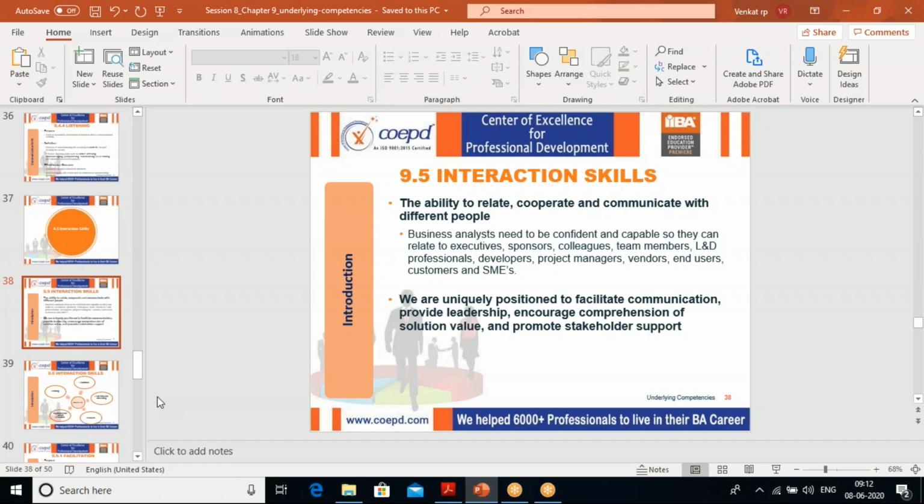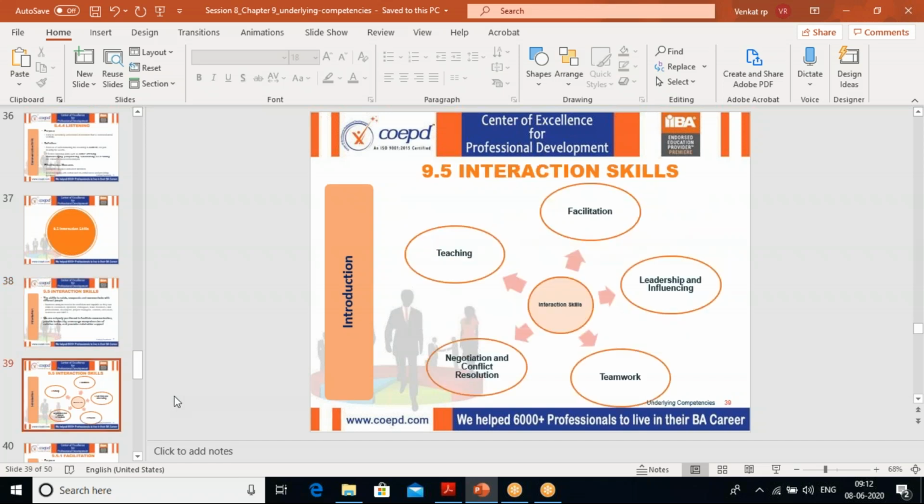All this is the interaction skills. Okay, so the first one is facilitation. In the interaction skills we see facilitation, leadership and influencing, then teamwork, then negotiation and conflict resolution, then teaching. These things we should showcase in the interaction skills.